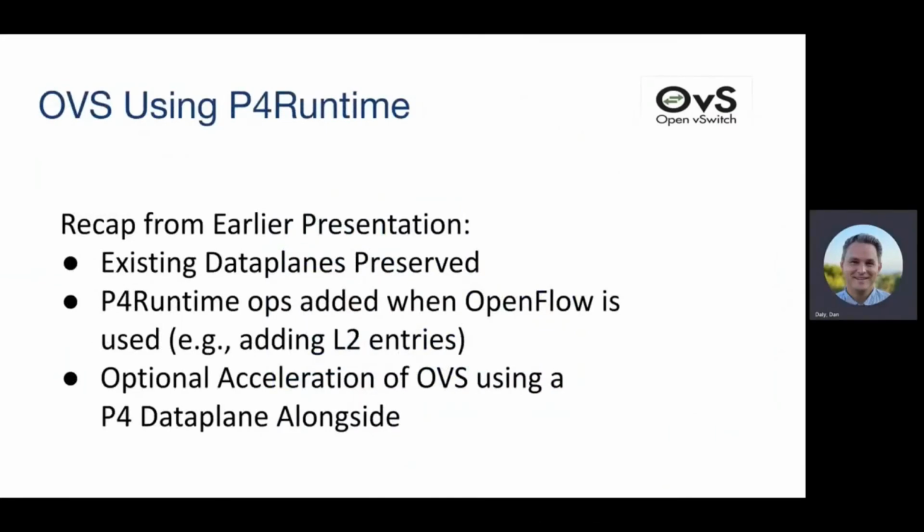And so to recap all of that, we are trying to preserve all the existing data planes, and we are trying to add in, in the cases where you do need to move that state from OVS to P4, we just translate those OpenFlow rules to a set of P4 runtime function calls over RPC, and then that goes and sets that up inside of the pipeline.